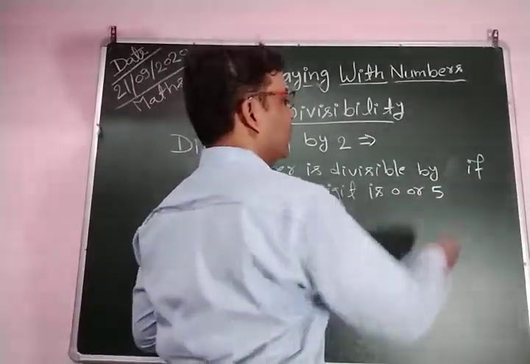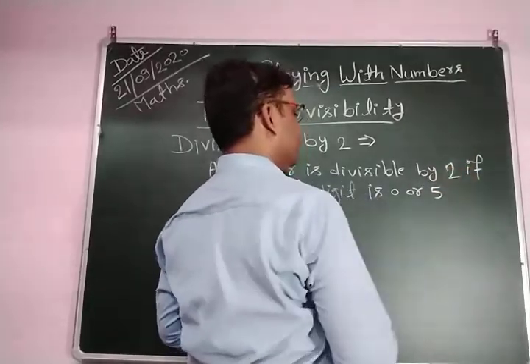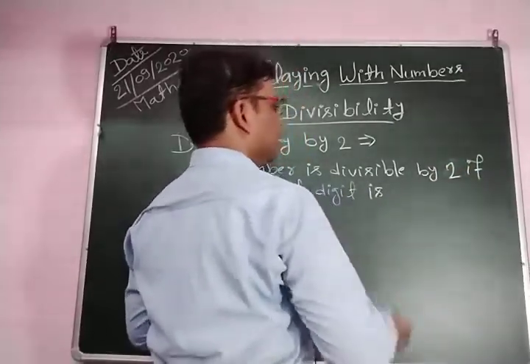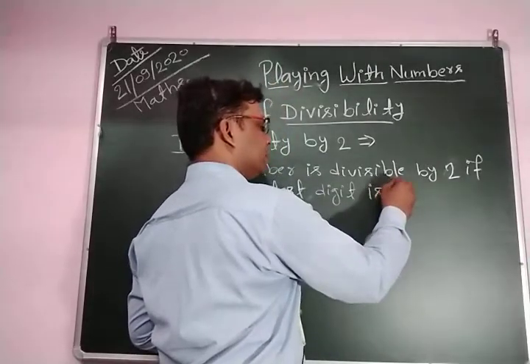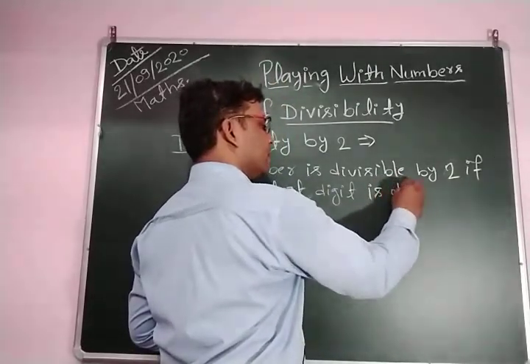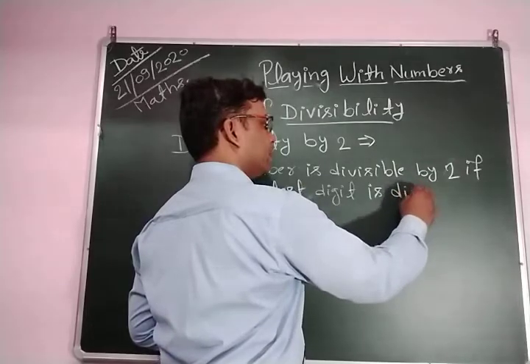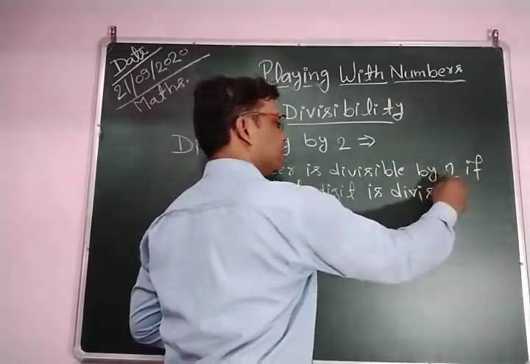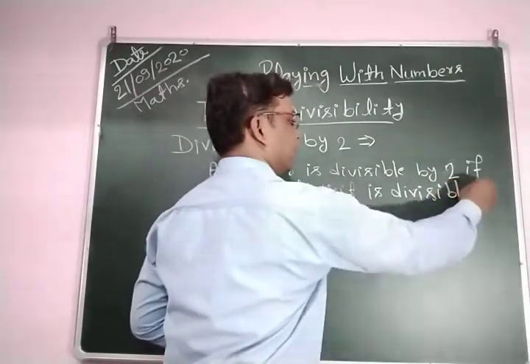You can write here: a number is divisible by 2 if its last digit is divisible by 2.